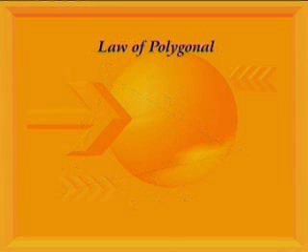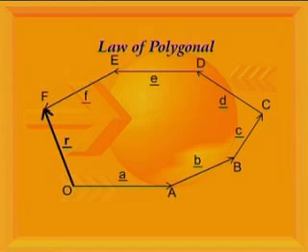You can see here the polygon. Here the vectors OA, AB, BC, CD, DE and EF.